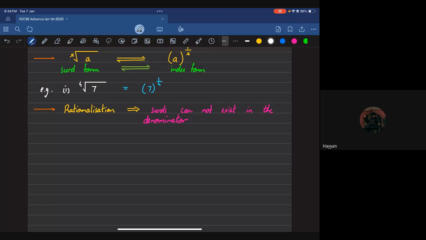let's just say that there's 1 over under root 7. 1 over under root 7.